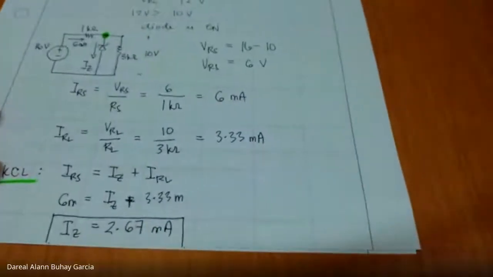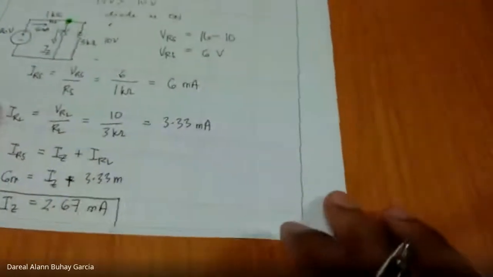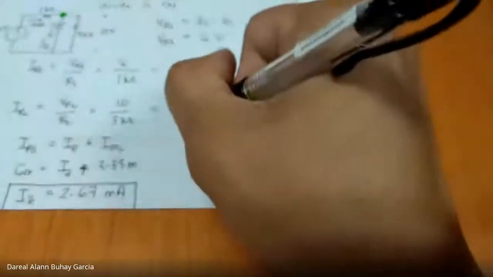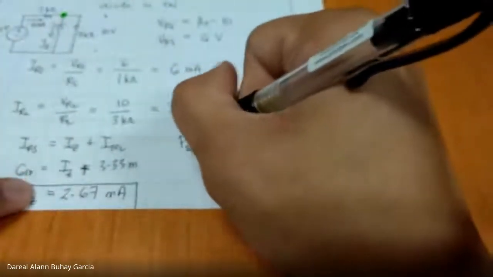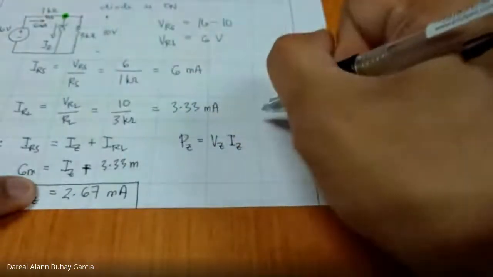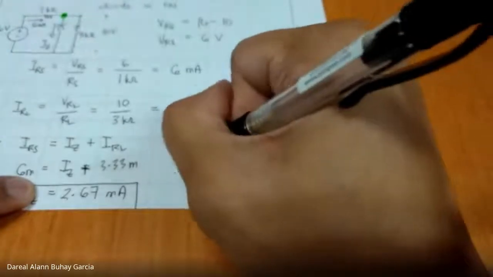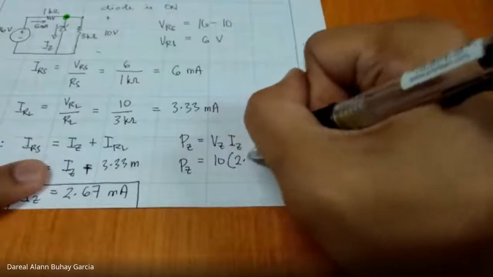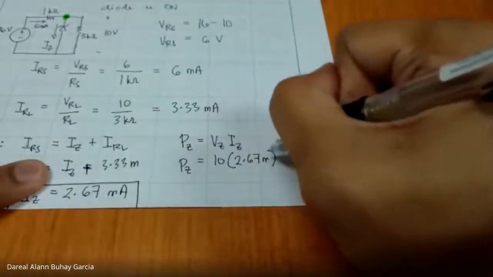Okay. So muna yung current ang flow sa atong Zener Diode. Now, let's see if nabot ba ang 30 milliwatts. No? So to solve for the power is equal to voltage times current. 10 times 2.67 milliamps.